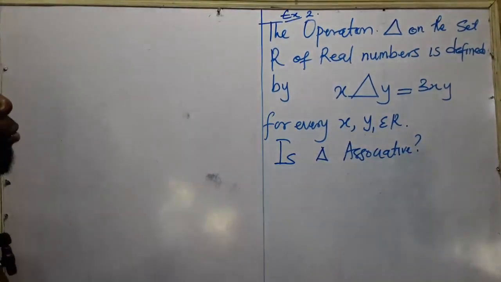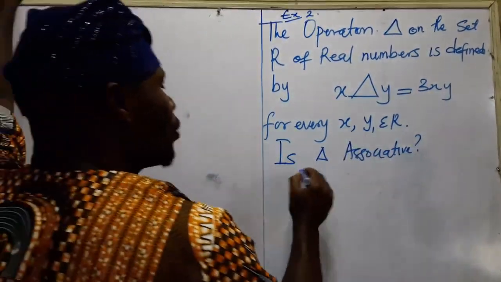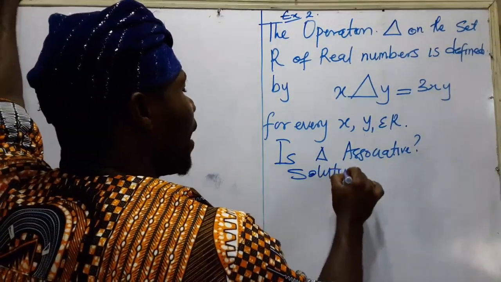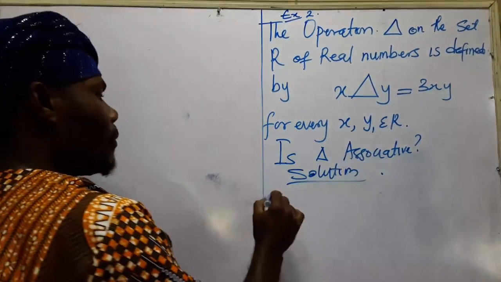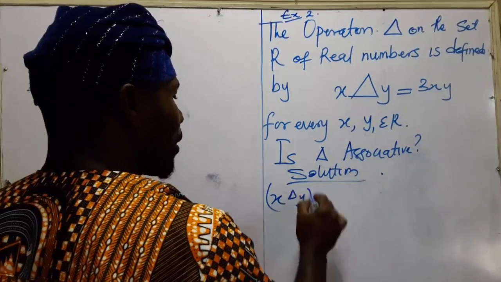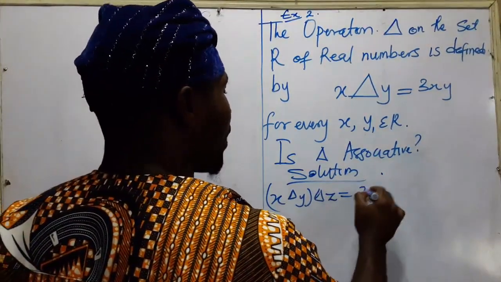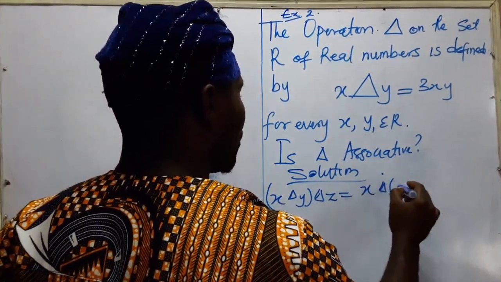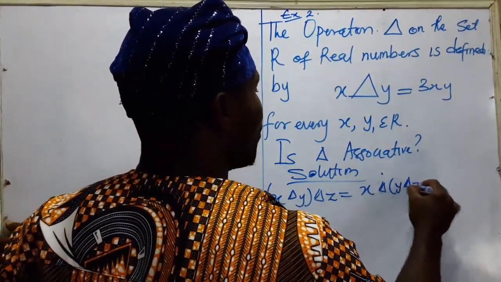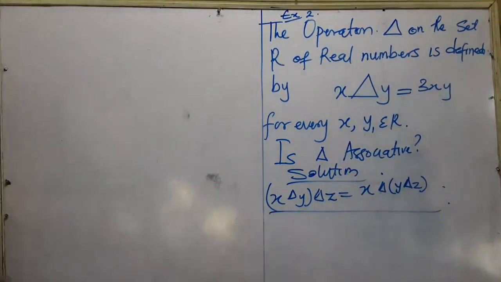Now, to know whether it is associative, you need to prove that x operation y operation z must be equal to x operation y operation z. If these two are equal, it means that it is associative. Now what is the first step?